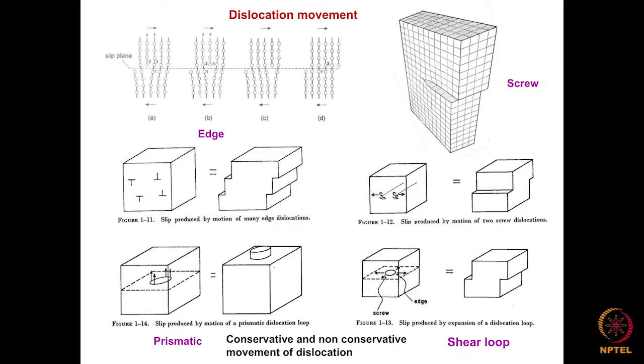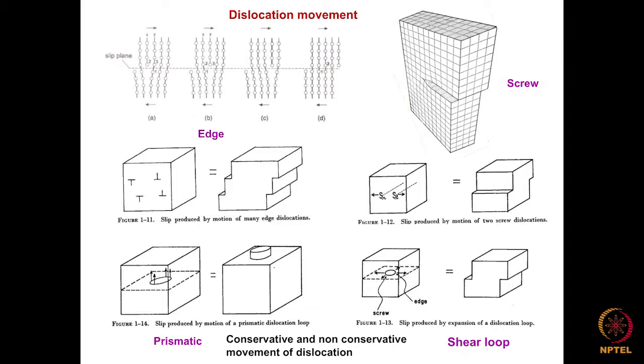When I apply a shear stress, what will happen is that because I am trying to push this to this side, this atom will come closer to here. If this joins together, then that is what is being shown.